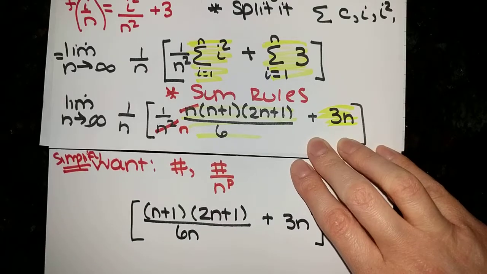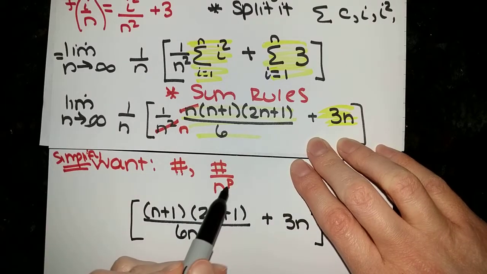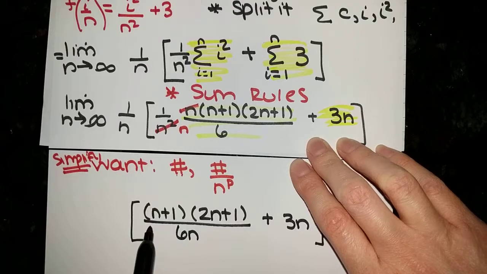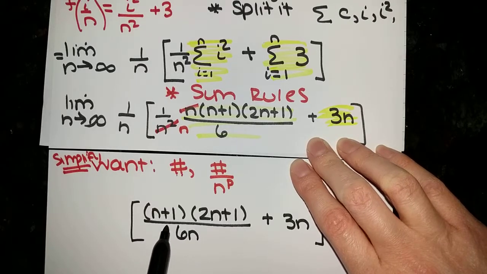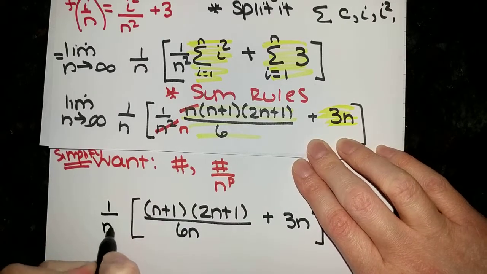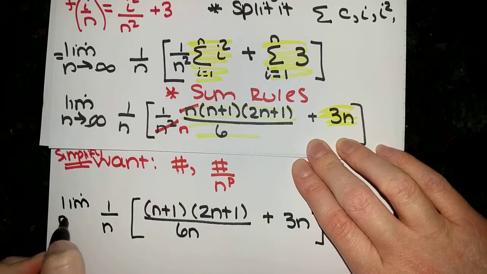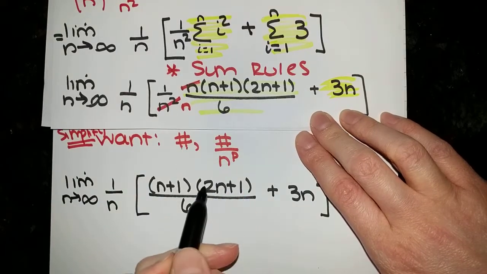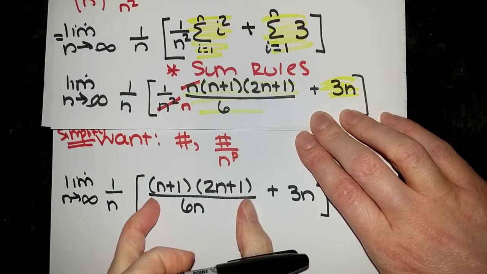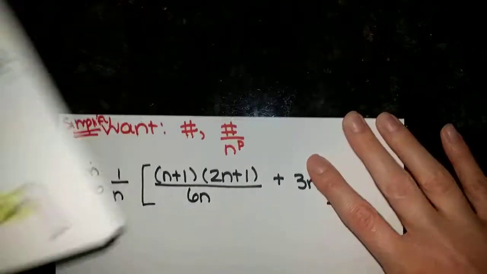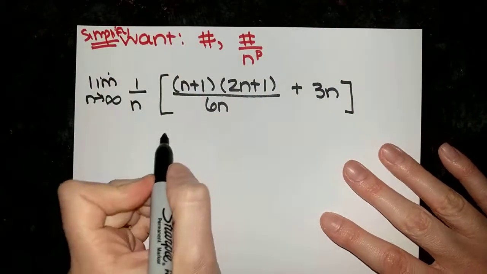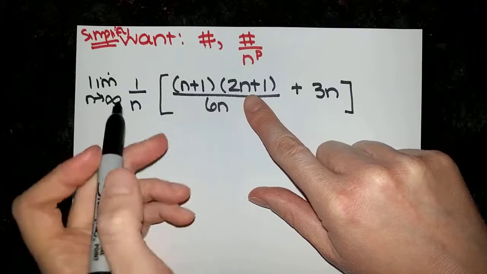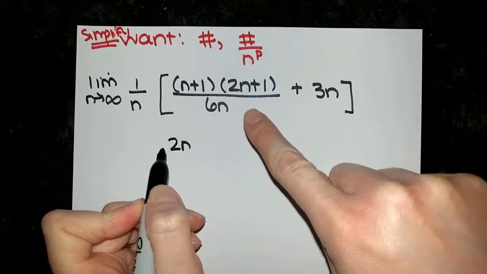All right. Now, remember, we want a number times a number over n to a power p. We do not have any interest in having all these little parentheses here. So our next step is going to be to distribute out those parentheses. Because we want a number over n to a power, we are going to distribute here. Okay, so let's go and do that. And I'm going to be honest, when I did this, I would memorize what this FOILed out as.